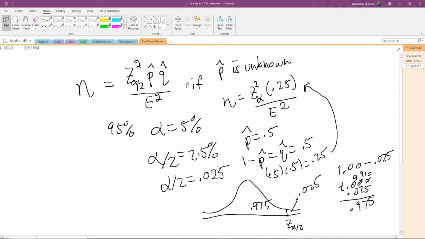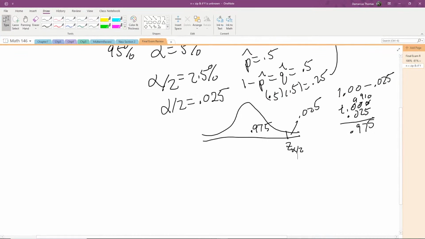That's what we're missing. And then we're going to square it, because that's what the formula wants us to do once we get our value. Now the truth is because this is such a common confidence level, 95%, it should be in your table. It's a very common number to calculate.